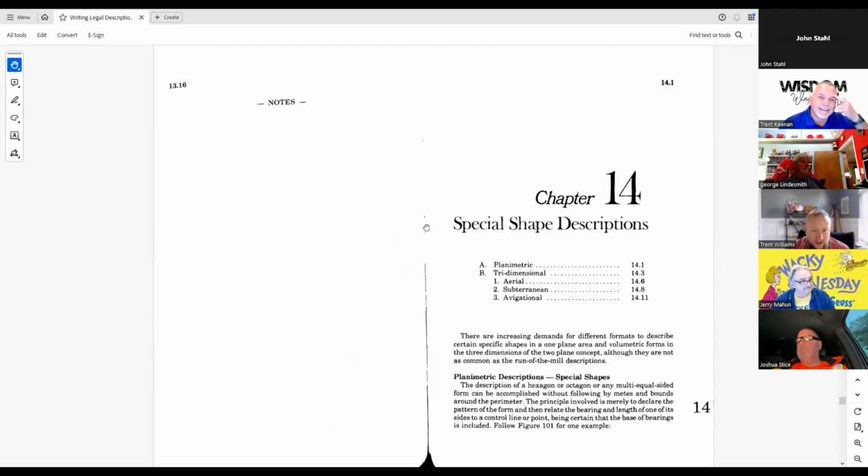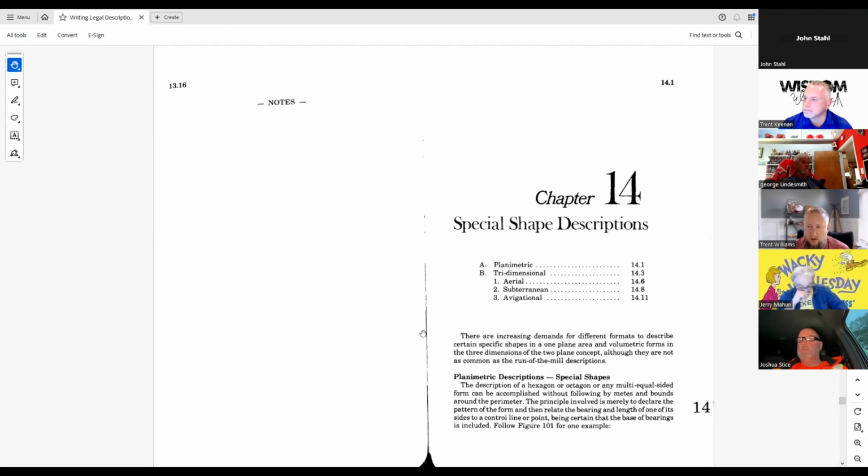So, jumping into the last chapter here, chapter 14, special shape descriptions. He talks about planimetric, tridimensional, aerial, subterranean, and navigational. These are areas that I've never specifically worked in the context of unique descriptions, easement descriptions, or land descriptions.